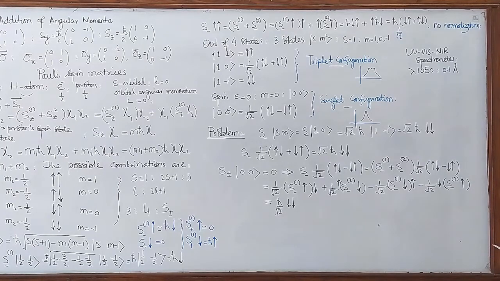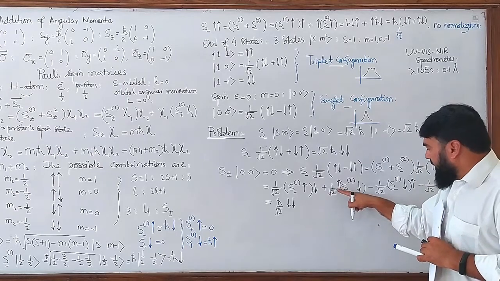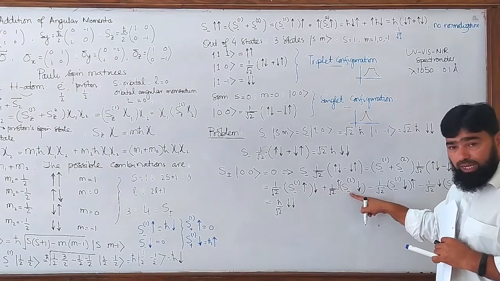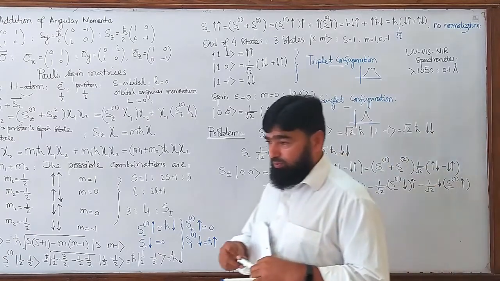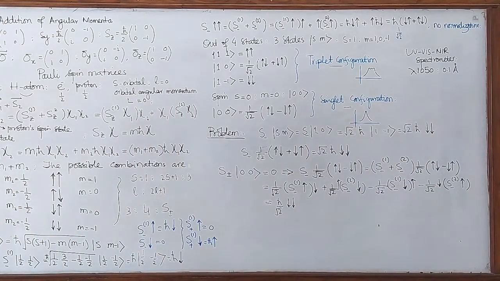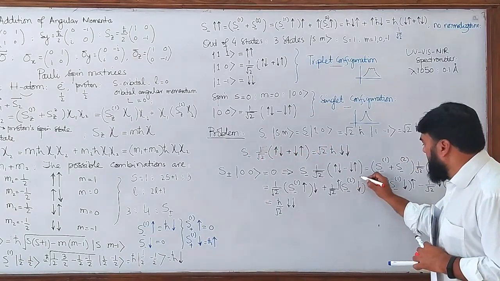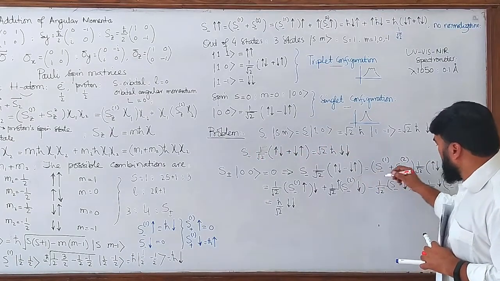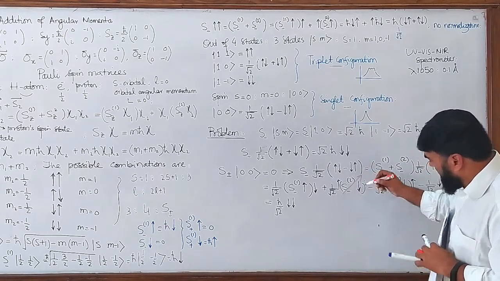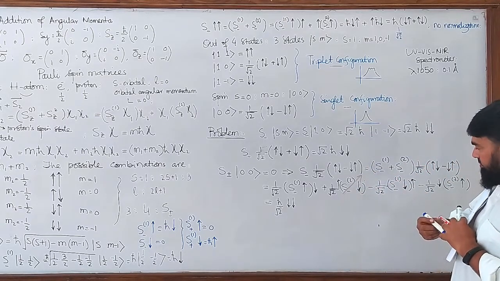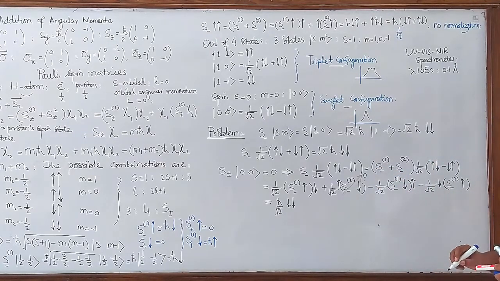Clear? Okay. Plus, when this operates, it is minus and it is down. So it will make it 0. This will become 0. So this will come out to be 0.